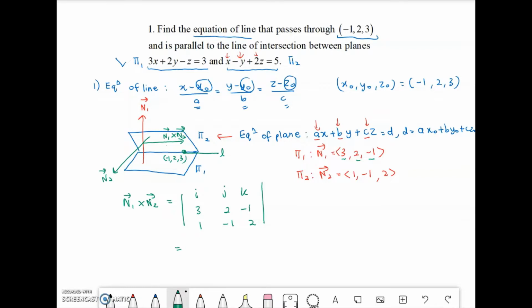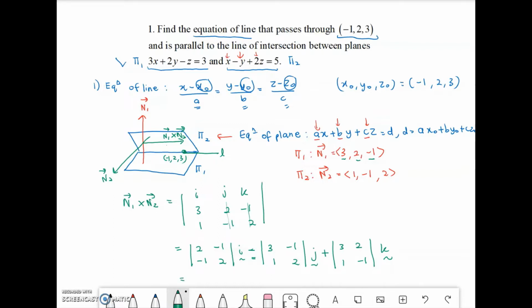So for i, what we need to do is just find the determinant of 2, -1, -1, 2, i minus. For j, we cover this column and we have 3, -1, 1, 2, j plus. And for k, we cover this row, so we have 3, 2, 1, -1 times k. Remember that for the j component, it must always be minus here, negative.